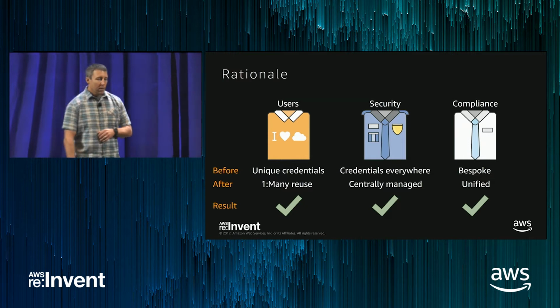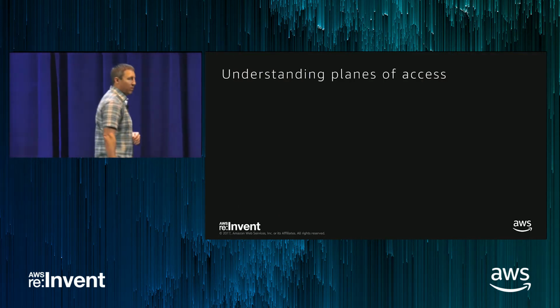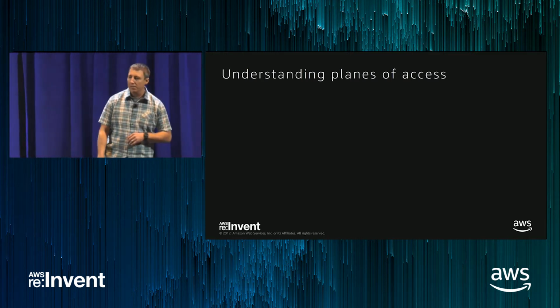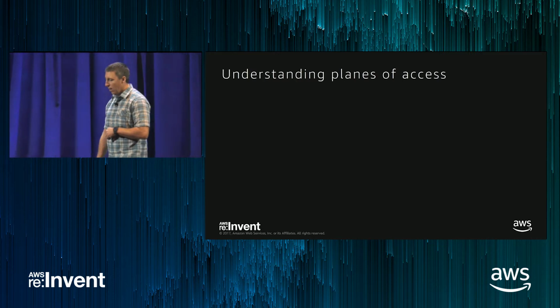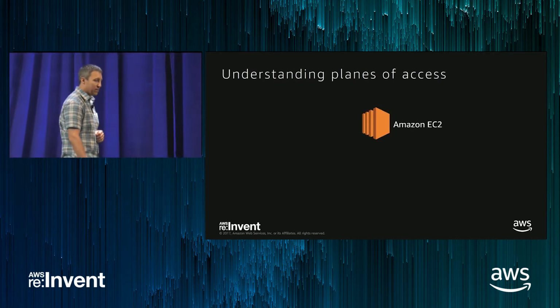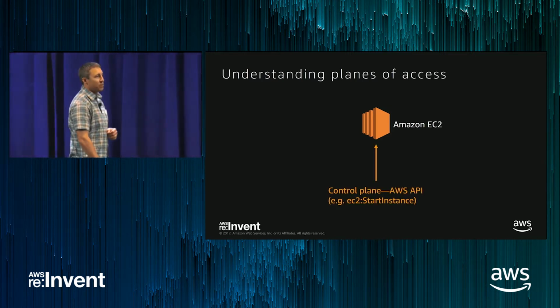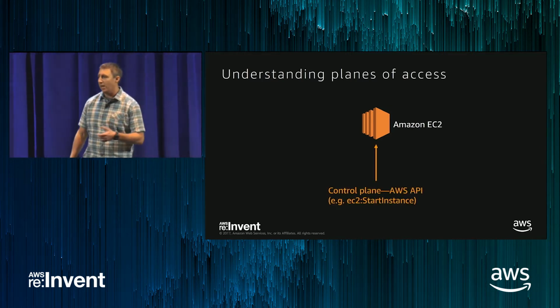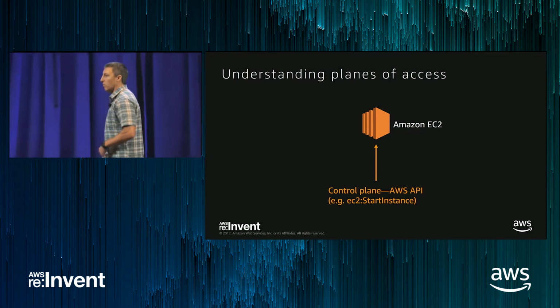So as in our last point of introduction, maybe switching gears a little bit, I want to talk about what I call planes of access, right? The reason why we're going to go through this will become evident as we go through it. So let's take a service like Amazon EC2. We've got one plane of access that most people would call the control plane, right? This is an AWS API where you're going to do things like start, stop, run, reboot.